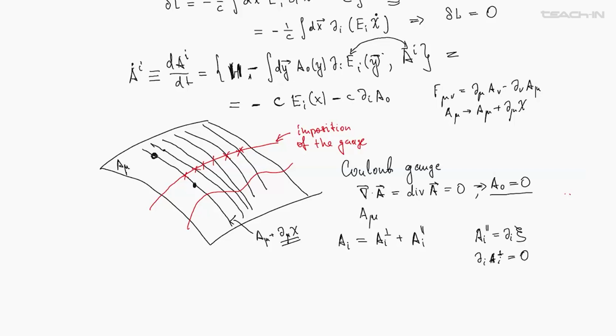So if you start from an arbitrary field Ai, then you see that ∂i Ai is ∂i Ai transverse plus ∂i Ai longitudinal.